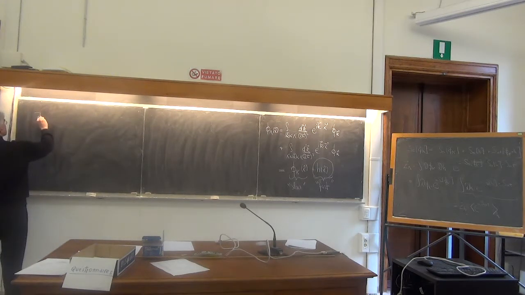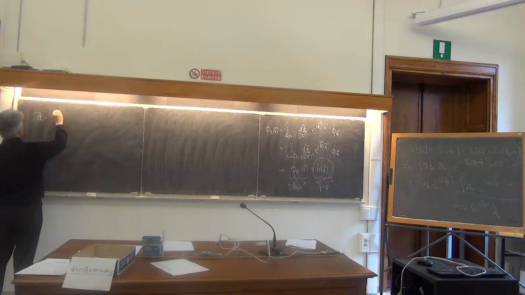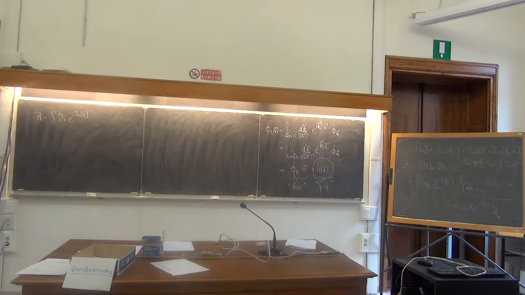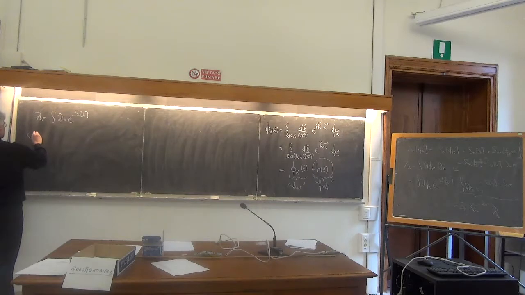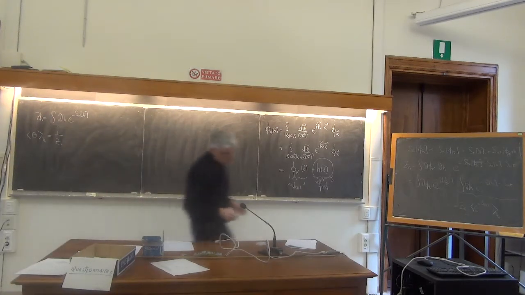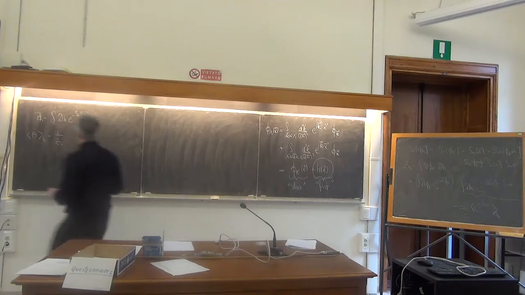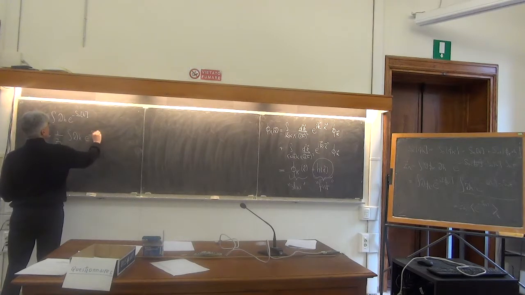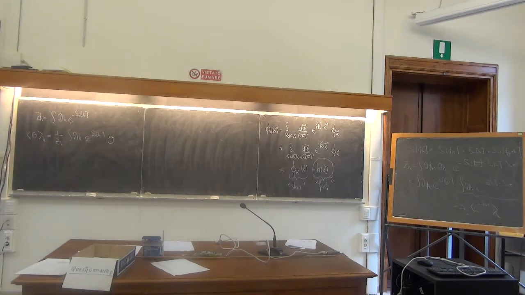So this Z_H would just be the fast part of the partition function, so this would be the integral dh e to the minus S naught H. And the average of some operator, whatever it is, with regards to these degrees of freedom, by definition is 1 over Z_H integral dh e to the minus S naught of H times that operator.